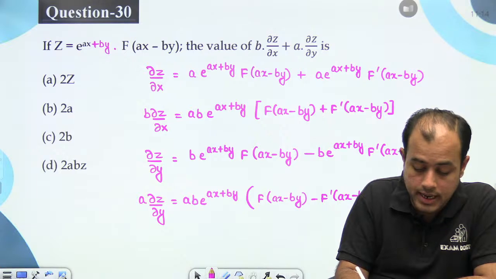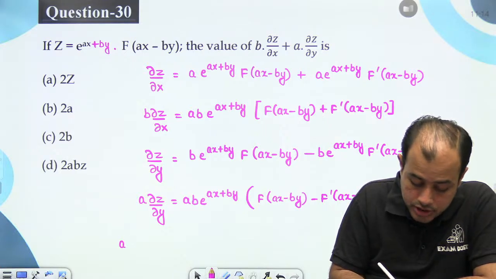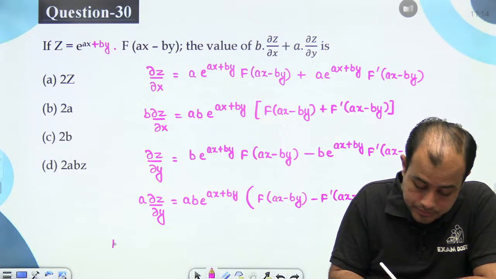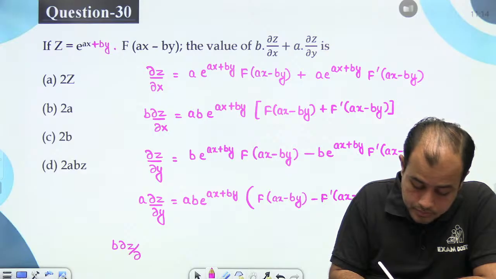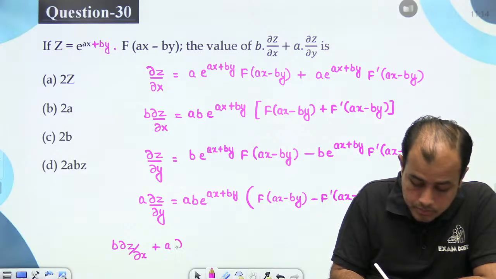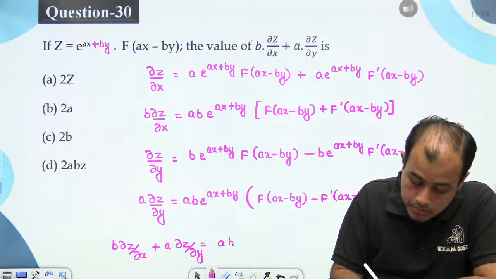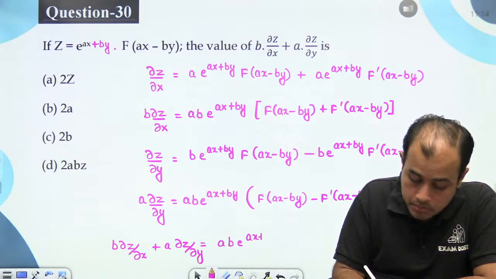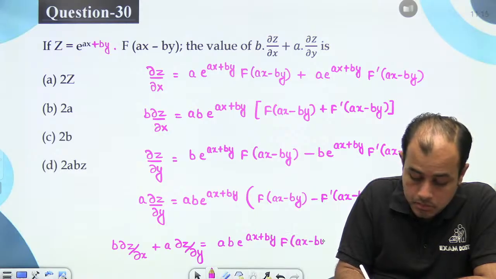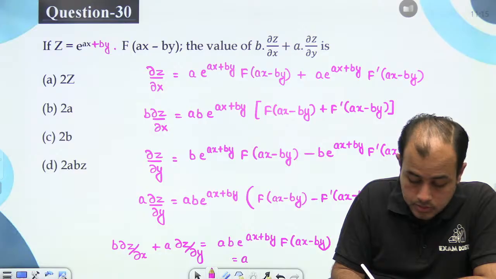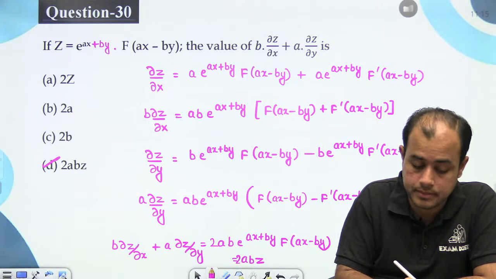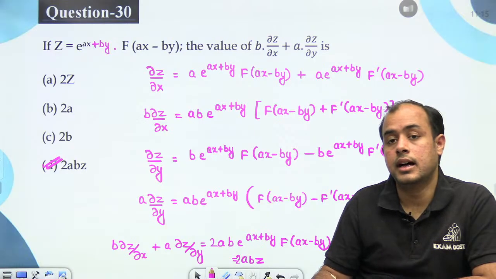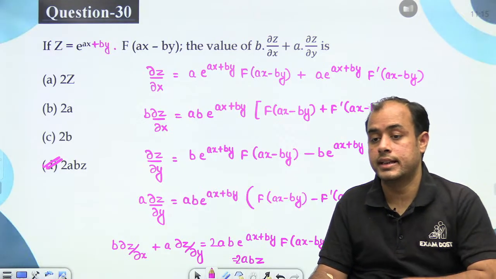Now when you add both, the f dash term will get cancelled. So this will be 2abz. The answer will be 2abz.